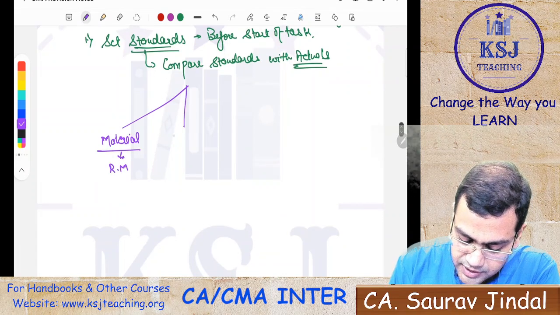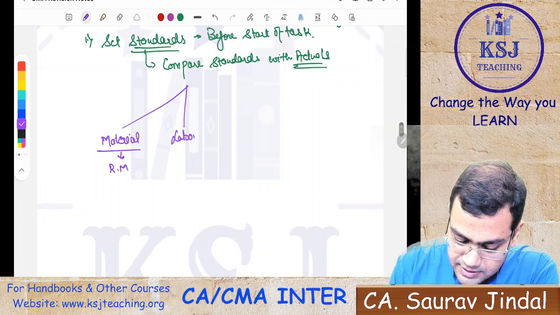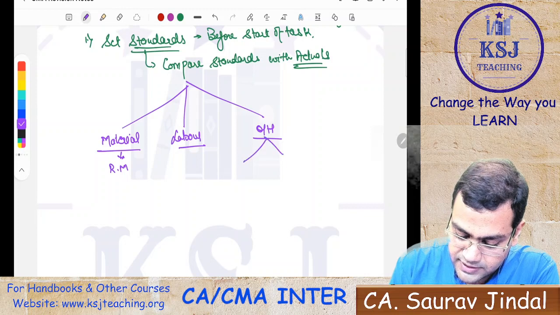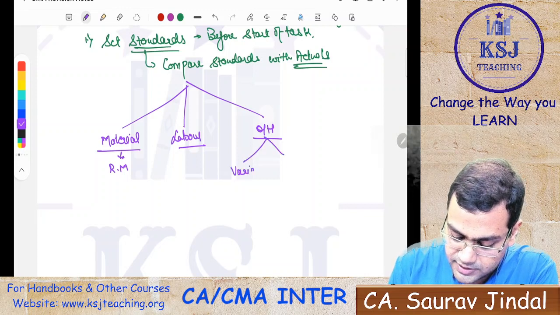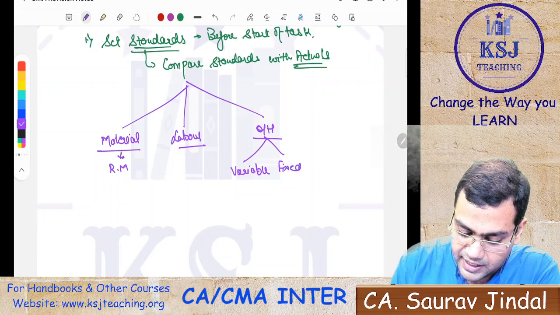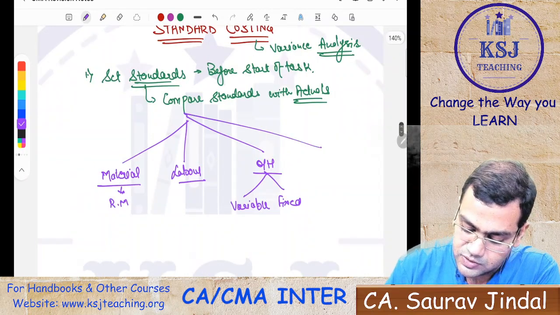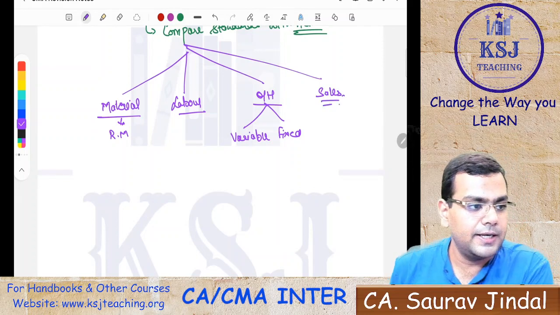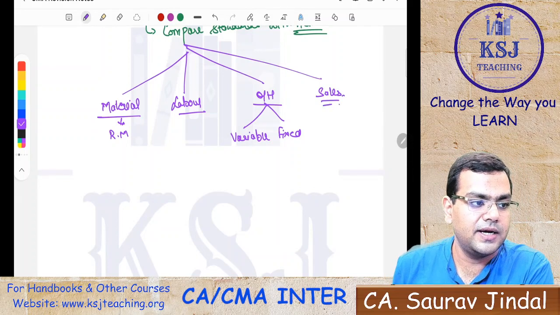Then we are going to study the labor variances. Then we will study the overhead variances. In the overhead variances, we have variable overheads and fixed overheads, right? And after that, one set of variances will be related to sales. Clear?